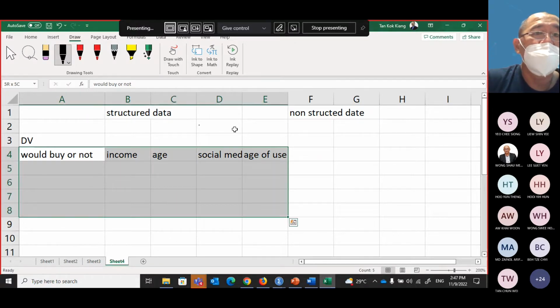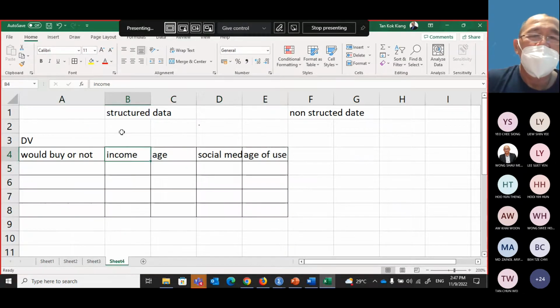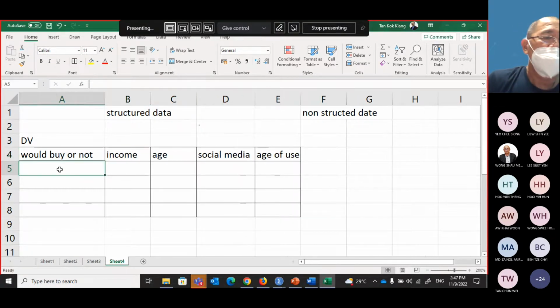Why cannot? If we turn it into a liquid scale, can we use it? No, cannot, because this one you should focus on the people, not the handphone. The first respondent may answer yes, going to buy. Income, let's say 5,000, example. Age, let's say 30.